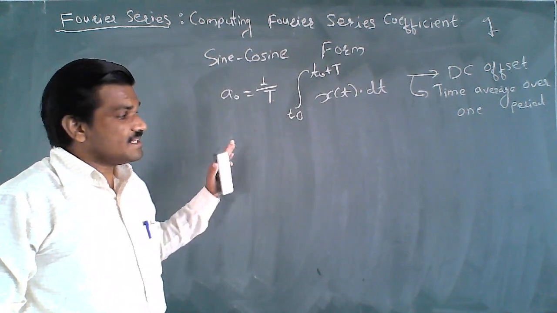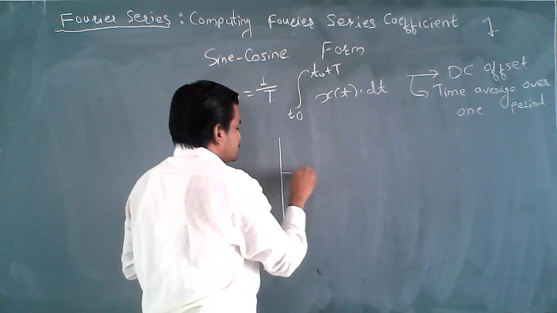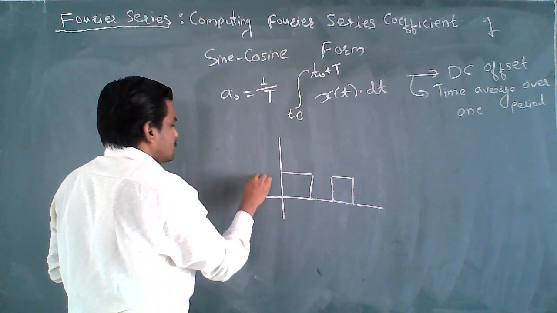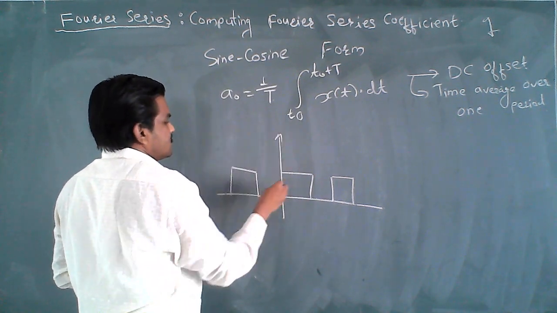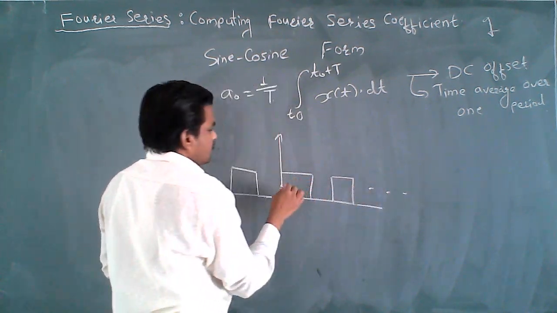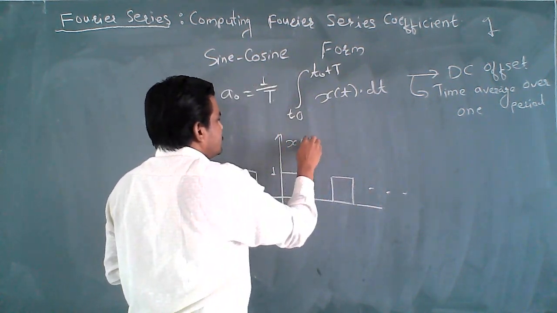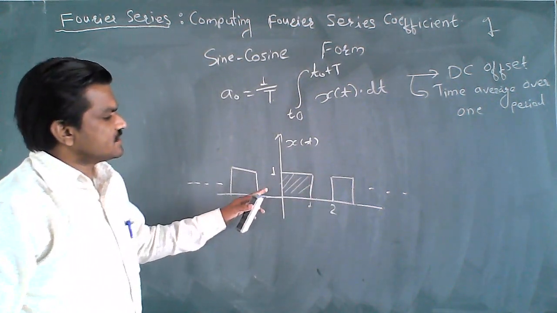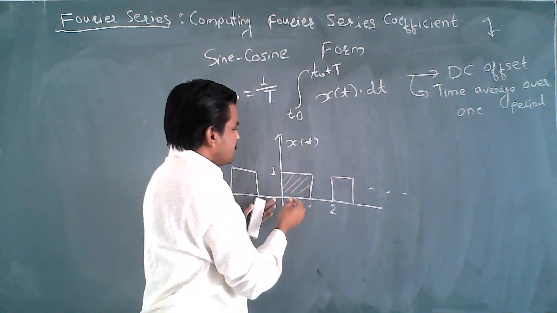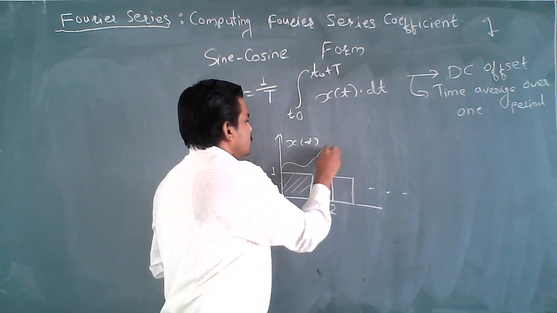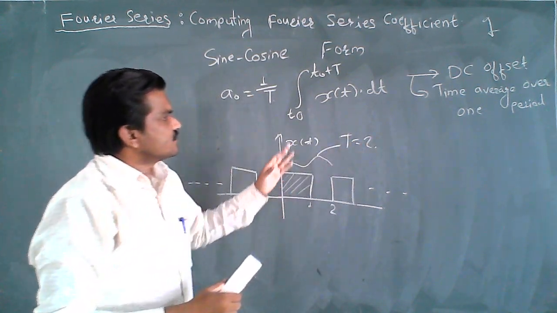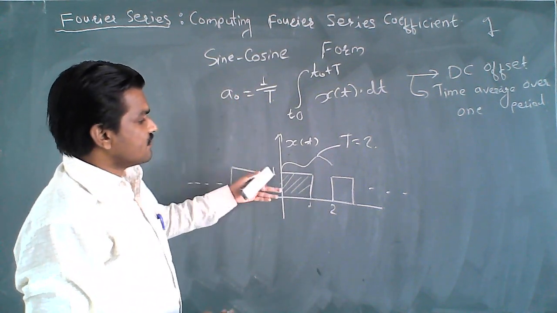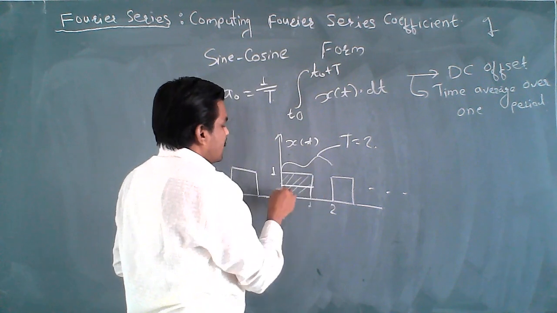What is the meaning of this? If we have this rectangular pulse, and this is my x of t, with amplitude 1, and x of t is periodic with period T equal to 2, then the time average over one period, when you calculate it exactly for this particular period, comes out like half value.